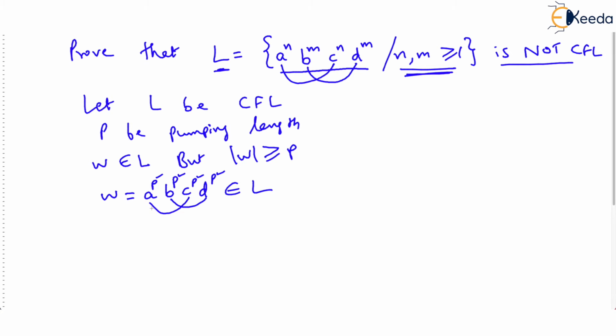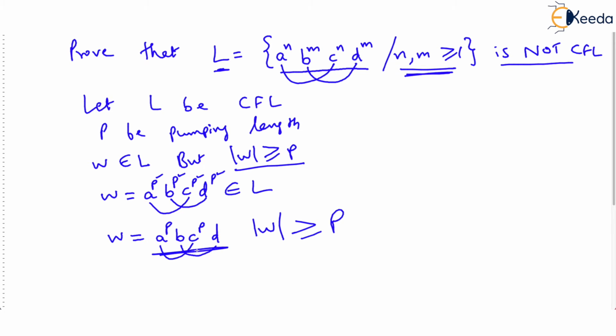If you don't like this word, no one has stopped you. You can take a raised to P and simply b, c raised to P and simply d. Now you tell me, isn't the number of b equal to the number of d and isn't the number of a equal to the number of c? And surely the length of this word is also greater than or equal to P. That was the condition, isn't it? The length of this word is 2P plus 2.